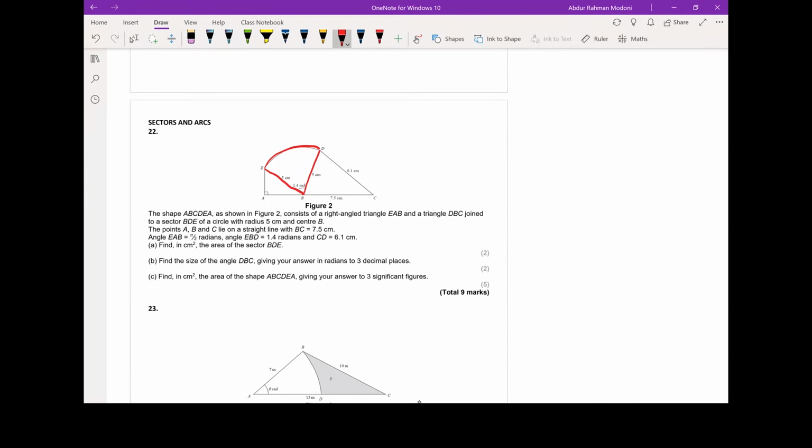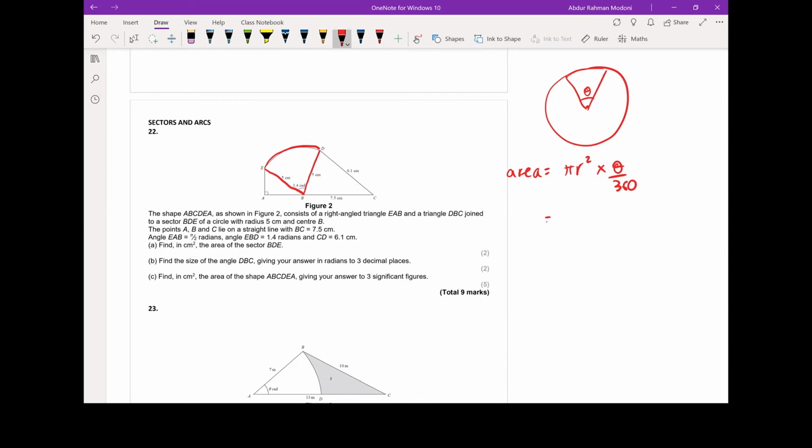If you remember from GCSE, the area of a sector is essentially a fraction of the circle. Suppose this is theta, it's a fraction of the circle, so it's pi r squared, which is the full area, times theta over 360.